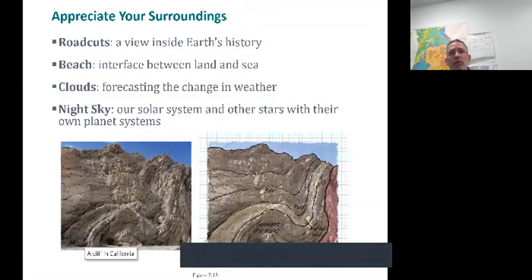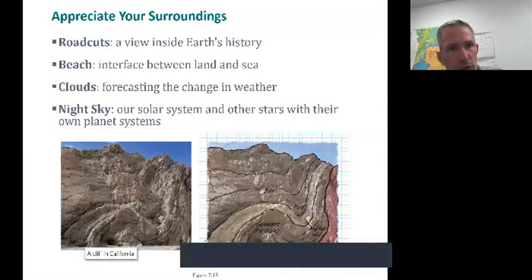If we start looking at this road cut, geologists use these rocks to tell a story. I've heard a number of different times that every rock tells a story. And by the end of the semester, I hope that you're going to be able to look at a rock and see what its story is, and how we can interpret those samples. And so we're going to learn to appreciate our surroundings, like road cuts.